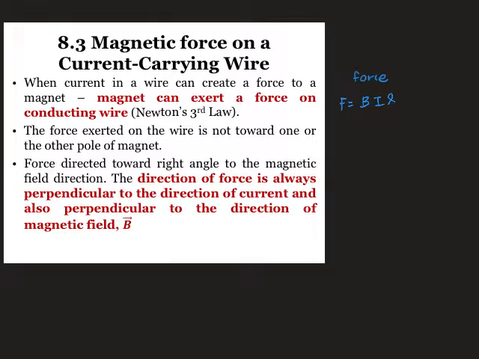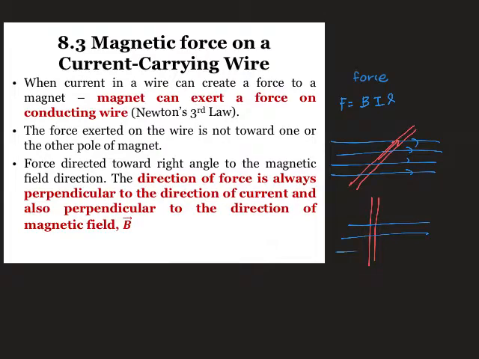But as you can see, for example, if you have one wire and a magnetic field here moving to the east, inside the wire we are going to have some current flow. For us to get the maximum magnetic force, the wire and the magnetic field should be perpendicular to each other.